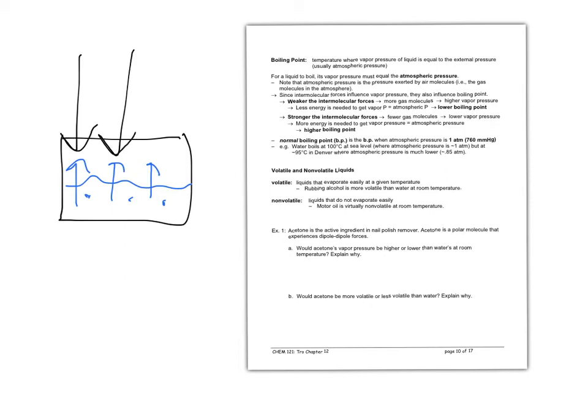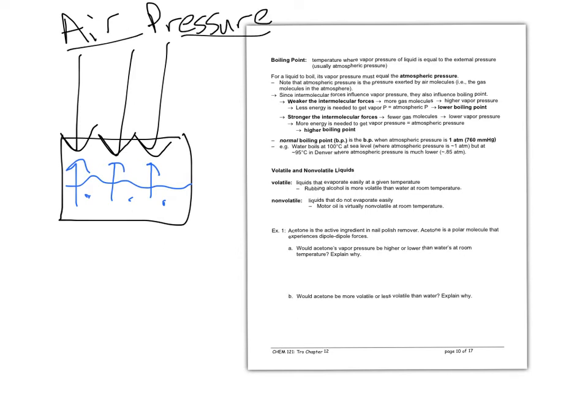And what pushes back on an open glass of water, or the molecules in the ocean? The air. So it's this air pressure, the push of the atmosphere, the weight, if you will, of the atmosphere pushing down on the surface of the water. So consider that as we move forward.